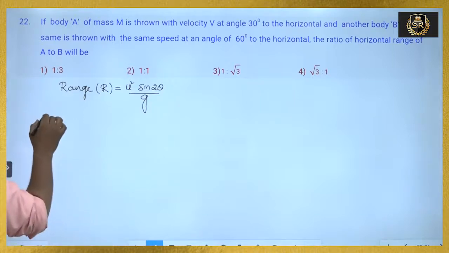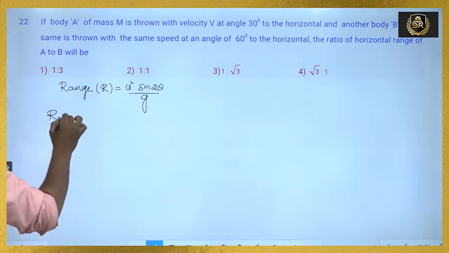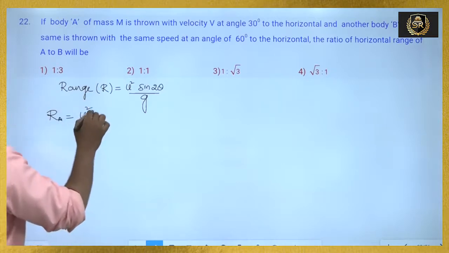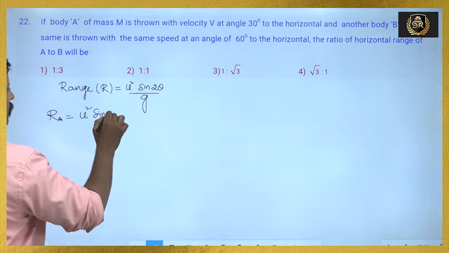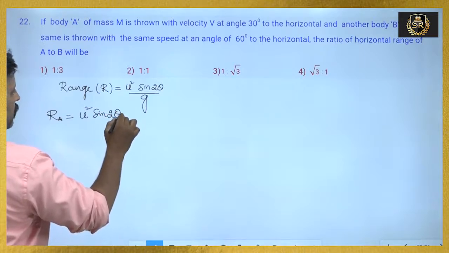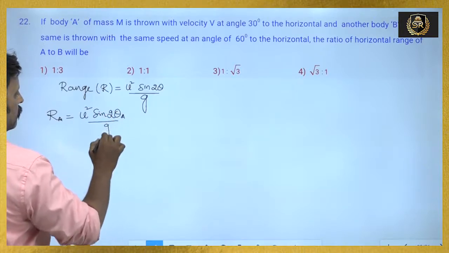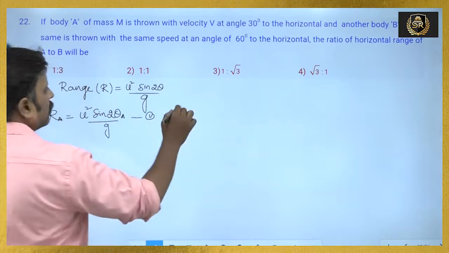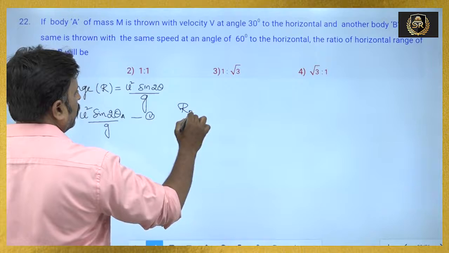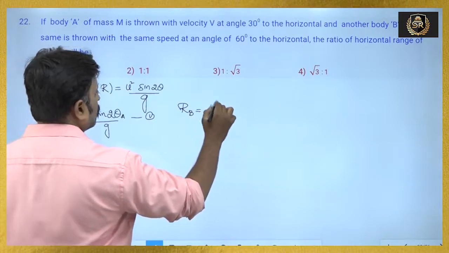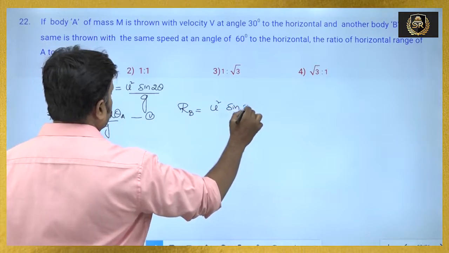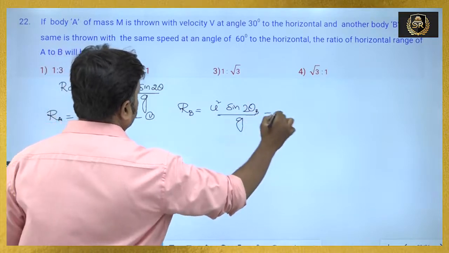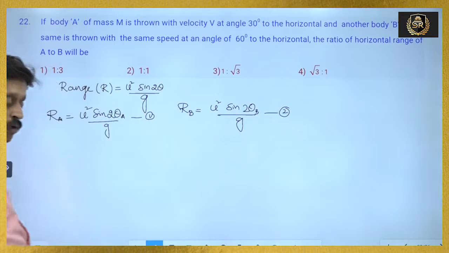For body A, I can write R_A equals u square sin 2 theta A by g. It will be equation 1. For another body B, I can write its range as u square sin 2 theta B by g. Let us name it as equation 2.